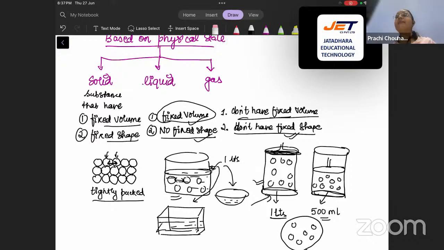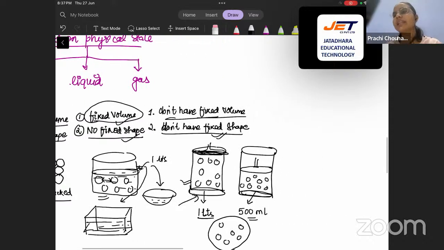So keep in mind that liquids have a fixed volume and don't have any fixed shape, whereas gases will not have a fixed volume, nor a fixed shape.